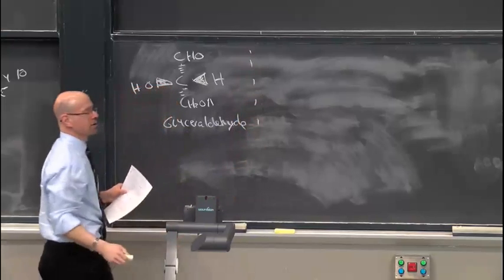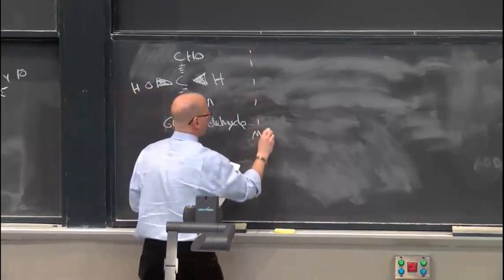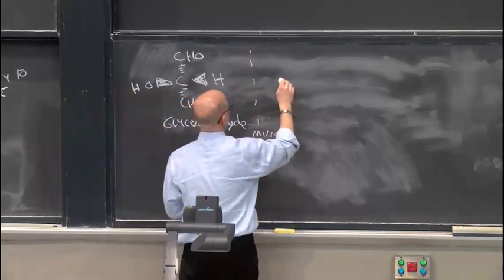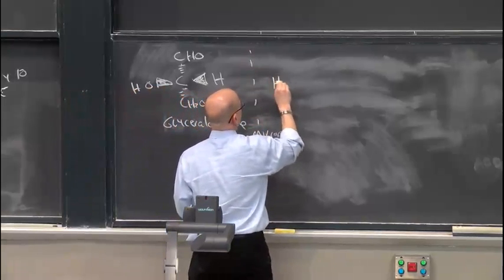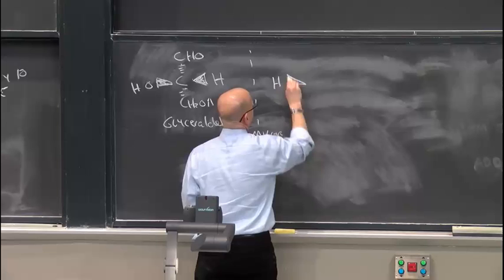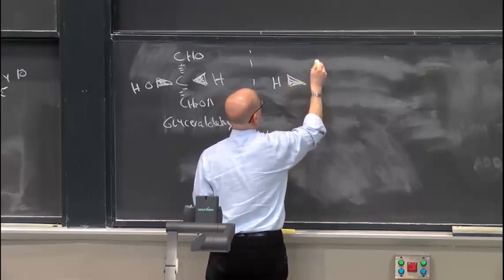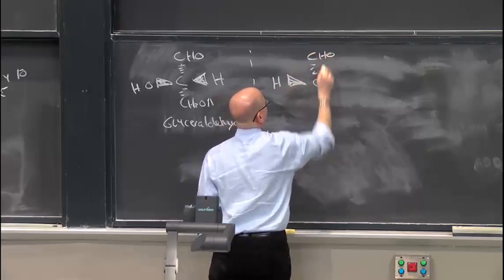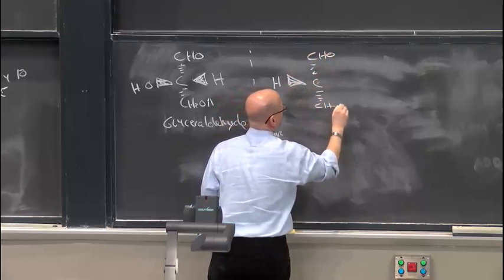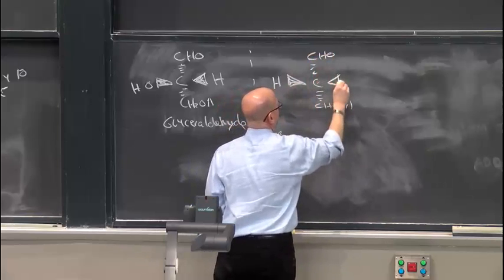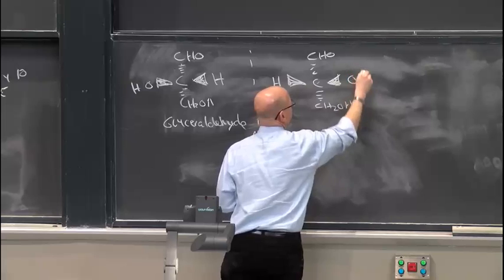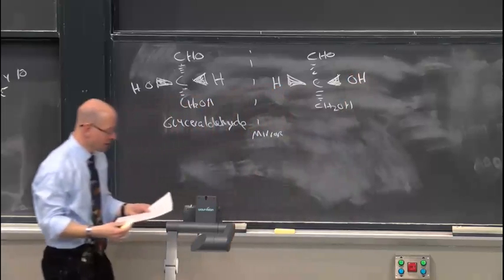Okay, and I can draw a mirror plane, and I can draw the stereoisomer of this. So I have two stereoisomers.